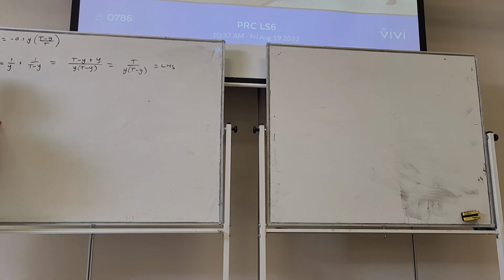I'm going to multiply both sides by T to start with, then divide both sides by y times (T take y). So then we have that at the bottom, and then we've got the dy and dt, and we've got left over here minus 0.1.